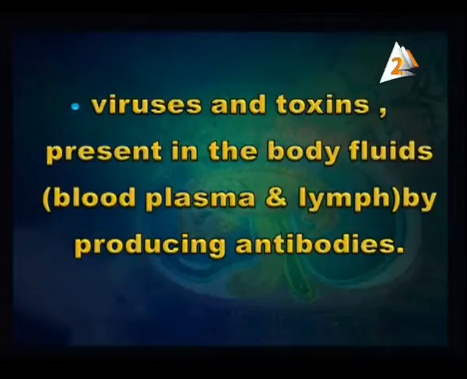It is the immune response of the B lymphocyte to defend the body against antigen and pathogen, present in the body fluid, blood and lymph, and they produce this humoral response. The blood will produce the antibodies.